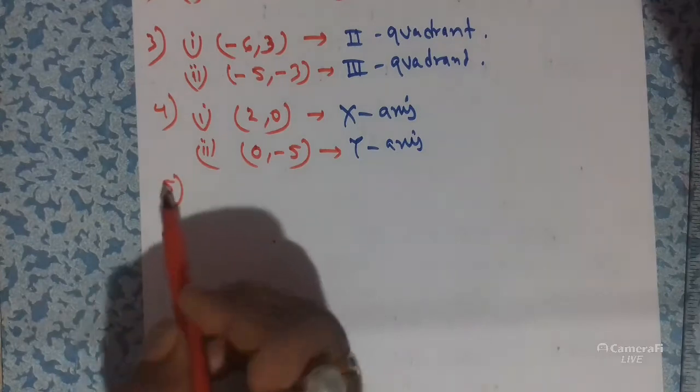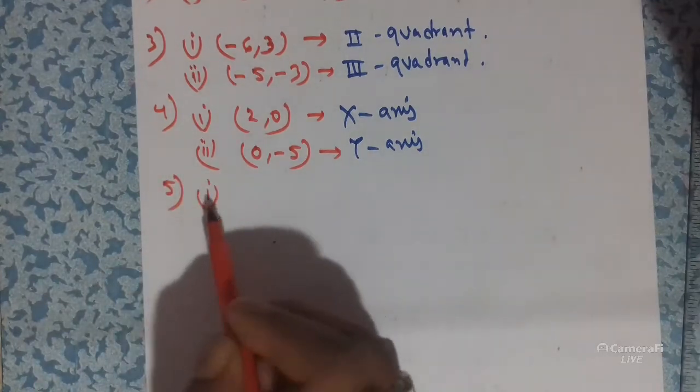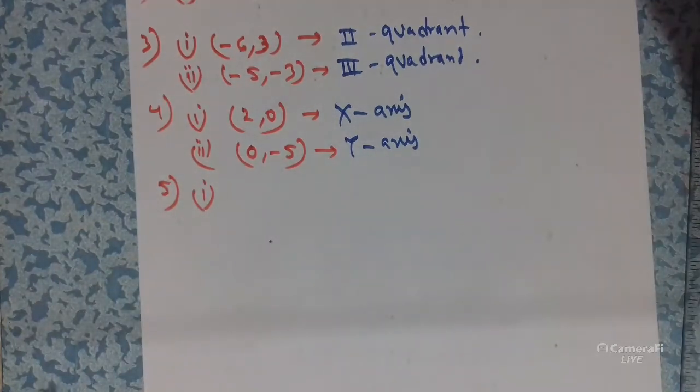Now problem number 5. Which of the following points lie on the x axis? So that means if the value of y is 0, then it will lie on the x axis.